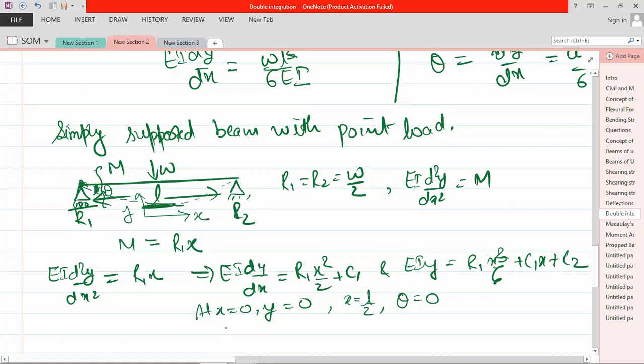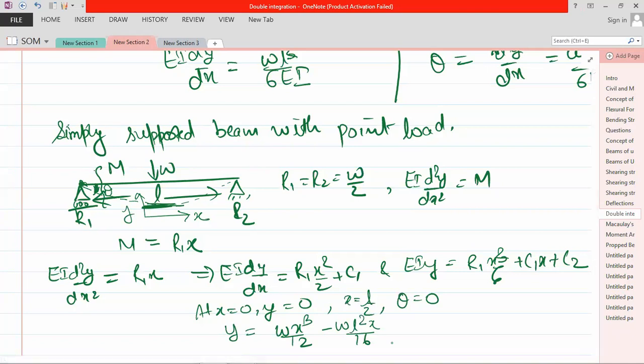And if you solve that, the y we get is W x cube by 12 minus W L square x by 16. Now, what is the maximum deflection? Maximum deflection occurs at x is equal to L by 2.